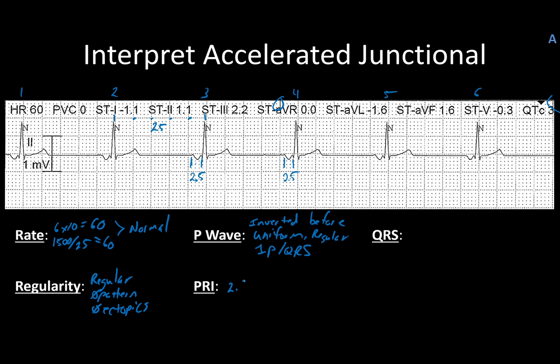So 2.5 times 0.04 equals 0.10, which is shorter than our normally expected 0.12. Correct.